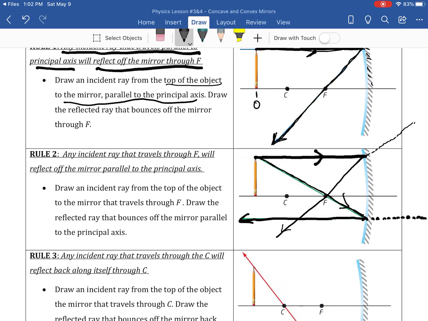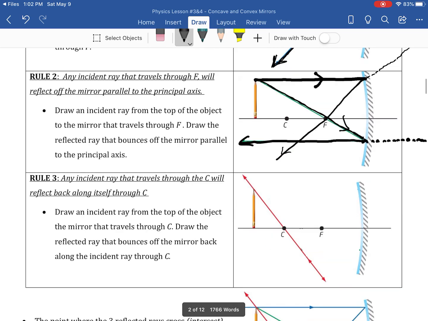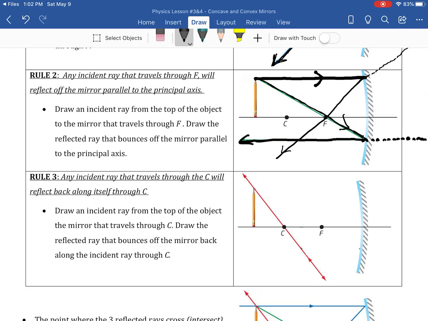So let's draw. You can do a third rule. You don't have to do the third rule, but I'll show you just for fun, all right? Here I've got, so this should be extended a bit. That would be the extended part of my mirror, all right? So let's just extend that a bit. Okay, so the third rule I can do is any incident ray that goes from the top of the object straight through the center of curvature, hits the reflecting surface, bounces back on itself.